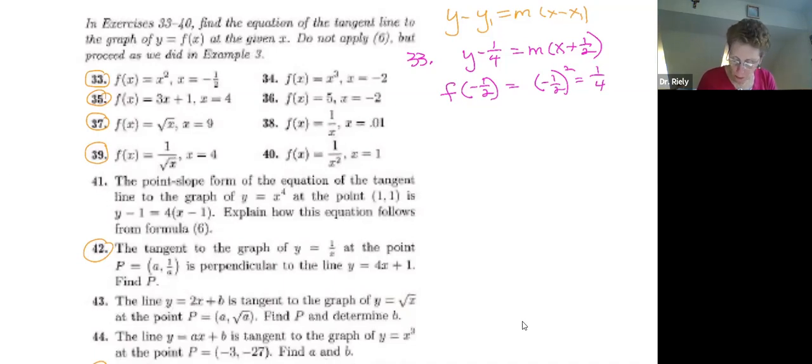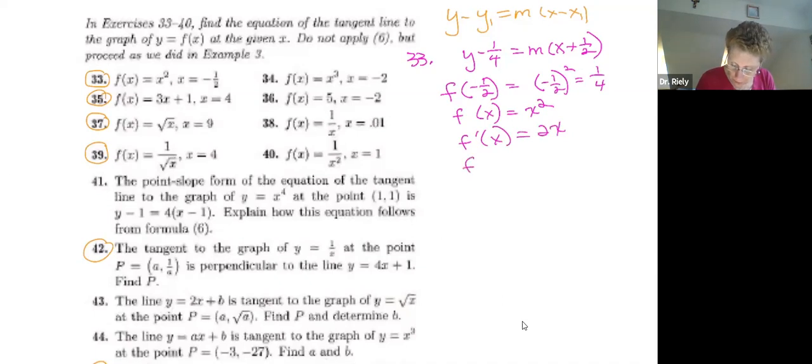So now at this point, let's figure out what f prime of x is. Maybe I'll not even do that first. Let me just write that f of x equals x squared. Therefore, f prime of x equals 2x.